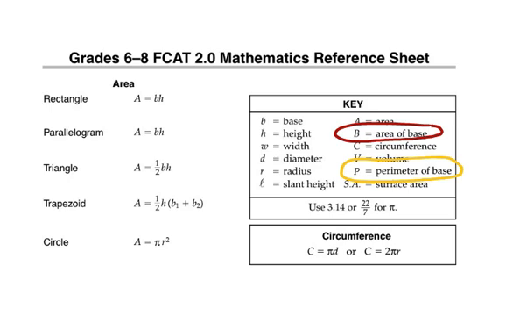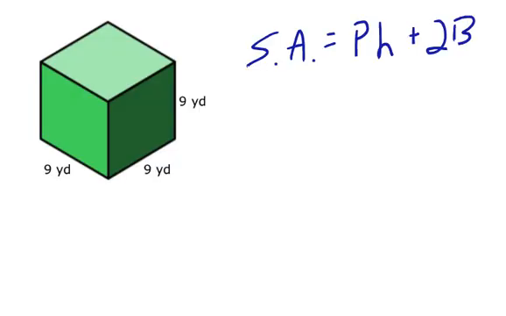So with that information, let's go back and plug in the numbers using the figure, the cube. So the perimeter of the base, and remember the base is the shape that goes throughout the entire figure. So that is the square on the bottom here. So the perimeter of the base is 9 plus 9, and then there's a 9 on this side, and a 9 on this side. So there's 4 9s, which adds to be 36.